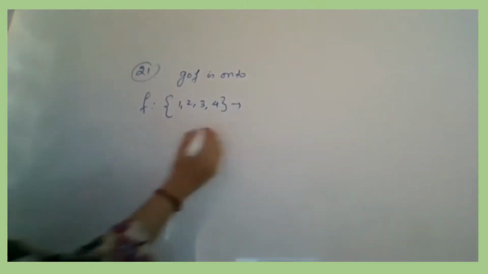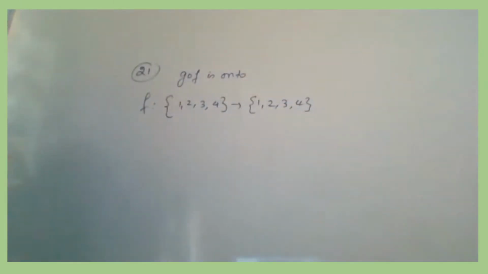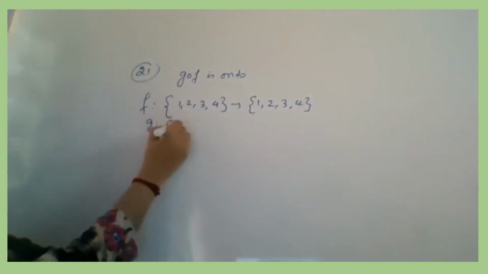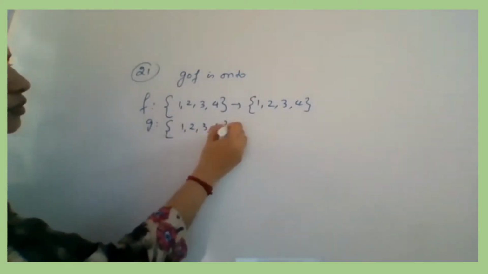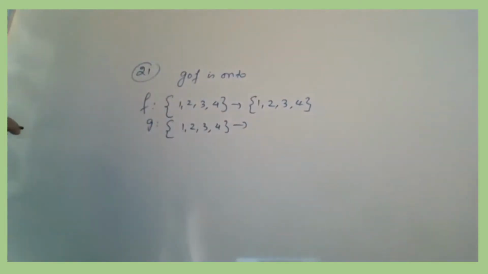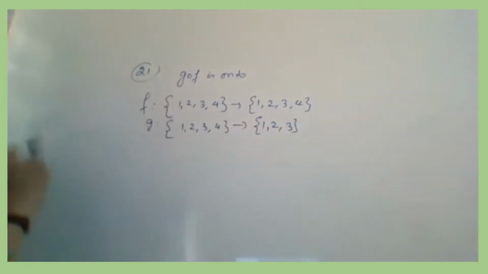F goes from 1, 2, 3, 4 to 1, 2, 3, 4. Then G is from 1, 2, 3, 4 to 1, 2, 3 only. So G's codomain contains only 3 elements.